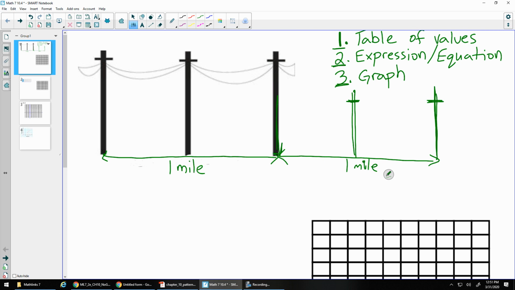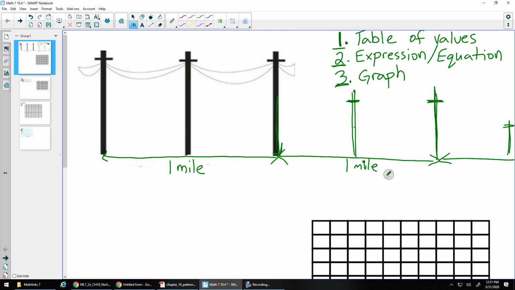And so we needed 3 telephone poles for 1 mile. 1, 2, 3. But for 2 miles, when we add that second mile, we don't need to add another 3 telephone poles. We just add another 2 telephone poles. Now, if we were going to continue this pattern, we would just be adding another 2 telephone poles for every mile. And so every mile, you add 2 telephone poles.